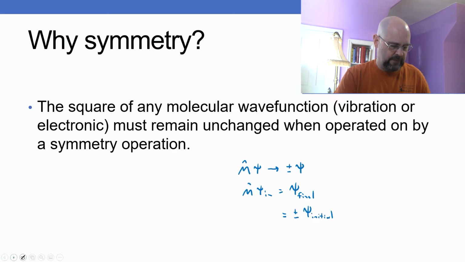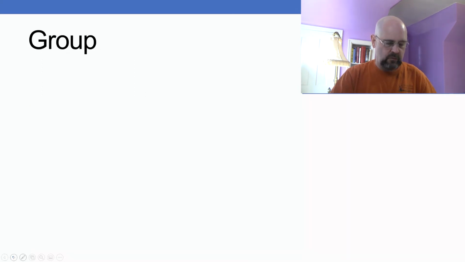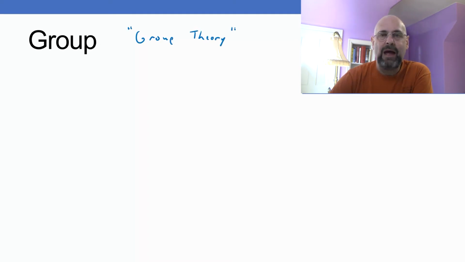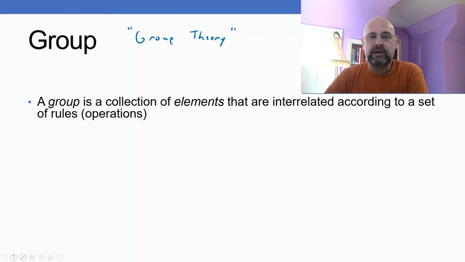Now, we're going to start talking about, so I mentioned group theory. And what does group theory mean? Basically, it's the theory of mathematical groups. And so a group is a collection of elements that are interrelated according to some set of rules or operations.